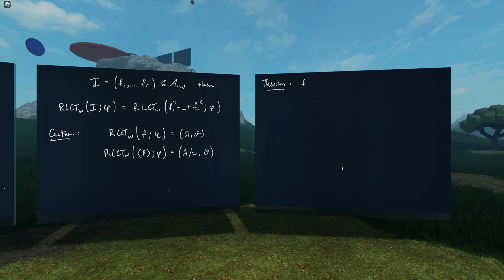So say we've got the function we're interested in calculating the RLCT of, and we can factor it like so, where this is also compact and semi-analytic.